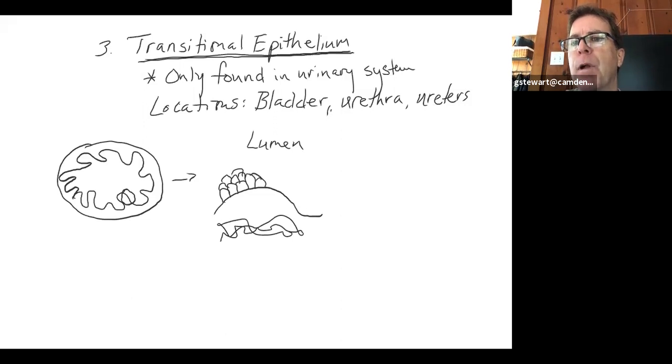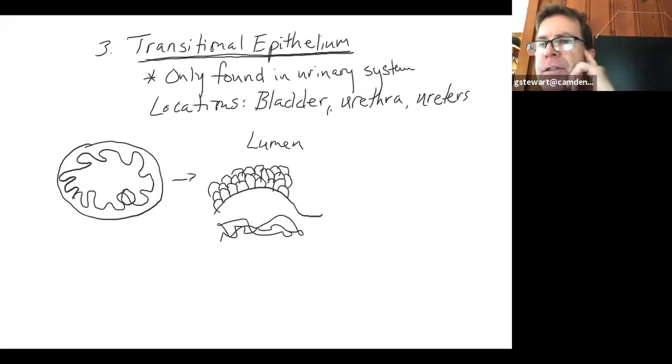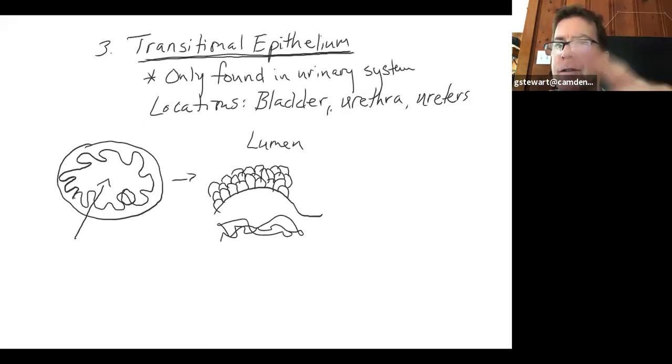That's why when we talk about this tissue, we talk about it with the stratified layers, because when the bladder is relaxed, the cells sort of pile up on top of each other. If we fill this chamber with fluid, it expands and these cells have an ability to stretch past each other.